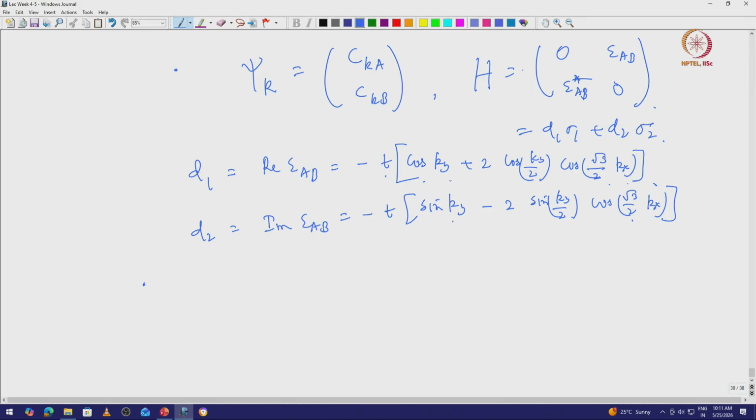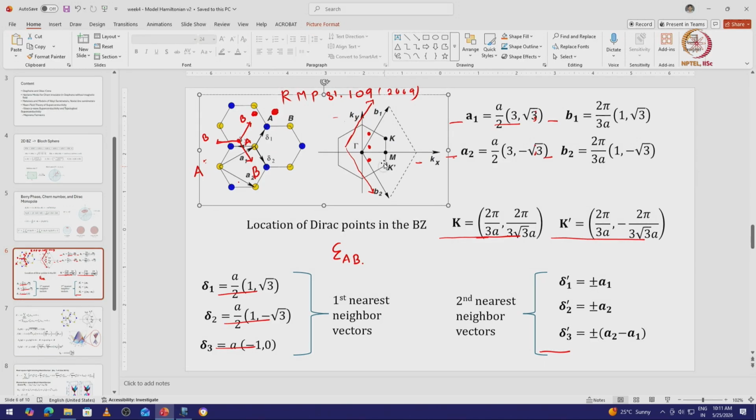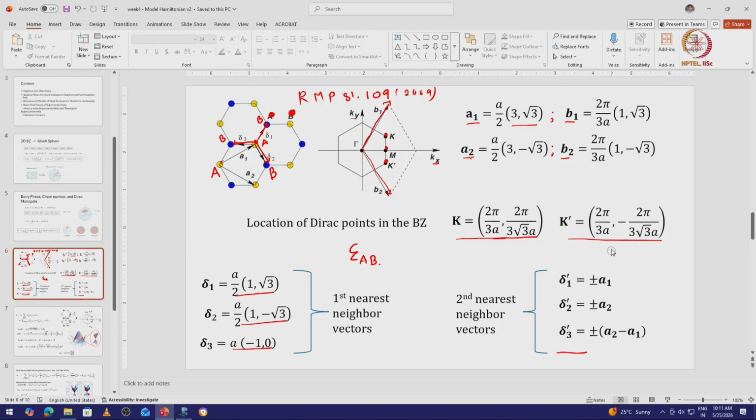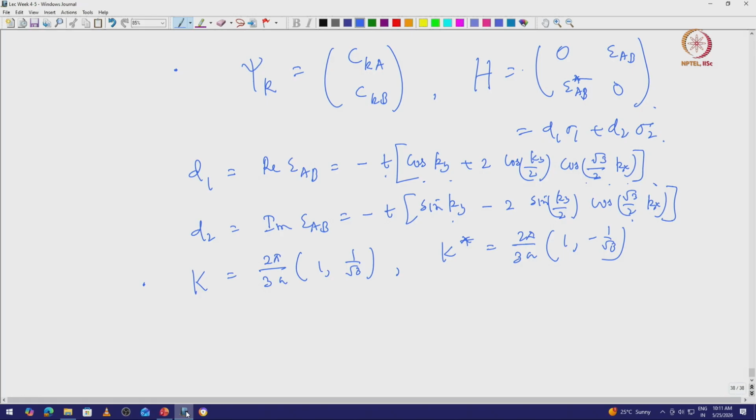Although it does not look like it on the face of it, if you look at these high symmetry k points, which are this point and this point, what we find is that d1 and d2 go to 0 at K and K prime. This you can check easily.